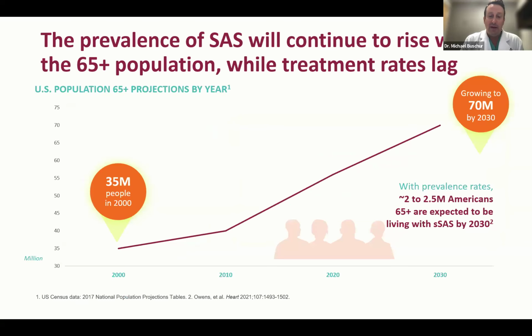Now, we know that the prevalence of aortic valve stenosis is increasing, but what we've seen is that the treatment is lagging. And so while we're seeing a lot more patients who have this valvular heart disease, it may be that it's being missed or underappreciated by primary care physicians or even by some cardiologists. Because again, it is extremely common and it is happening to a lot more patients as they get older.